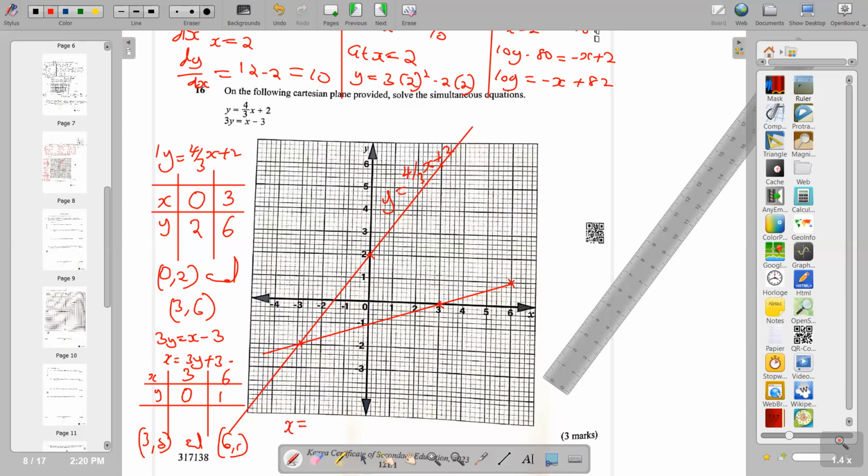So if it is this point, you write x is equal to -3, and then y is equal to -2. So you have to write that answer. x is equal to -3, y is equal to -2.